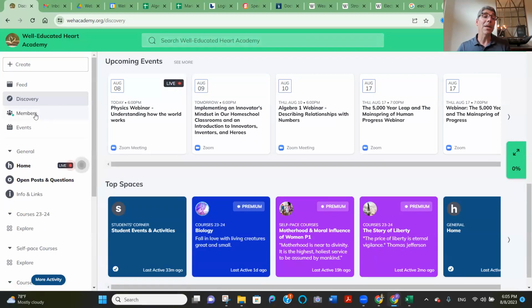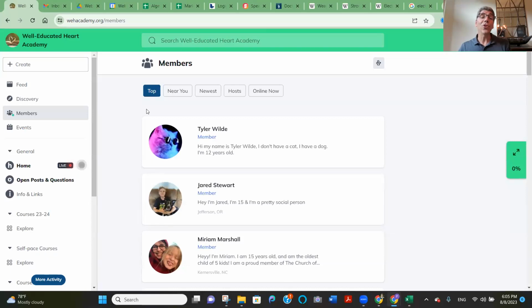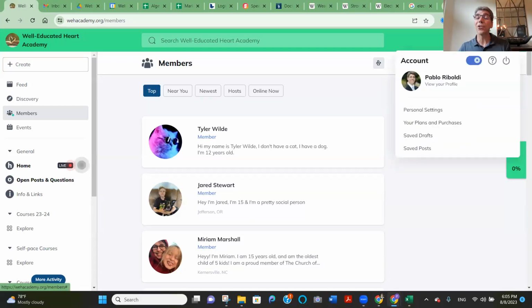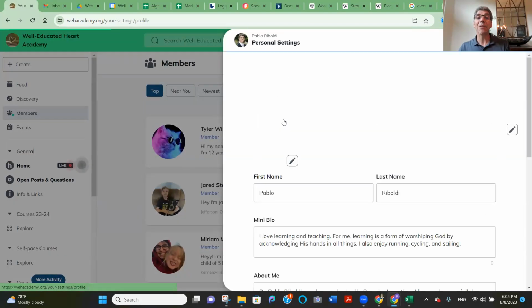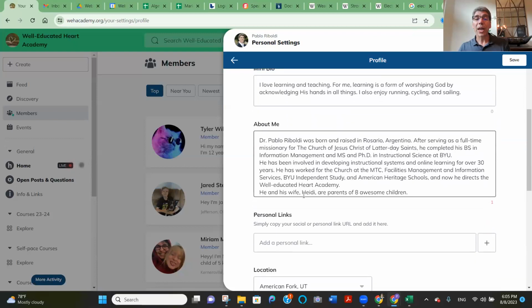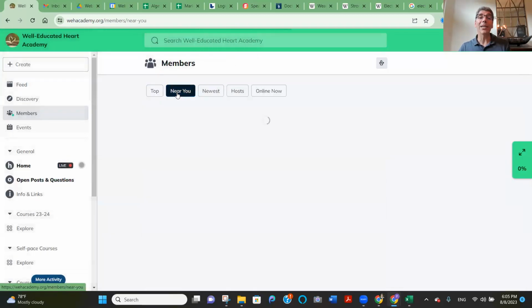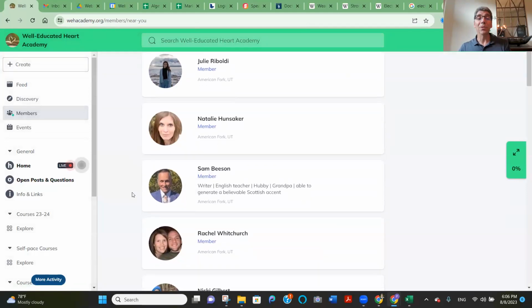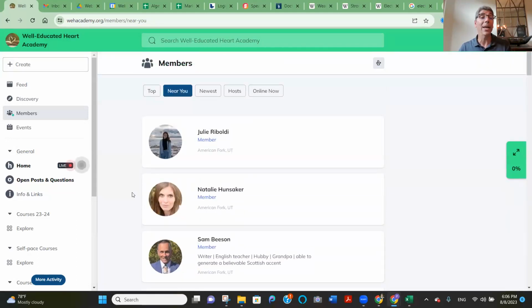Another important feature that we have here in the website is the members tab. If you come here, click on your profile picture and go to personal settings, something that is very important is to put your location, because that is going to help you find other members near you, members that have the same location or a close by location.